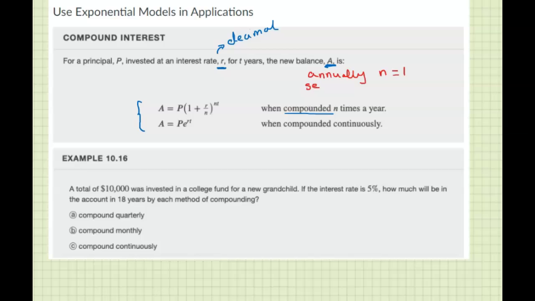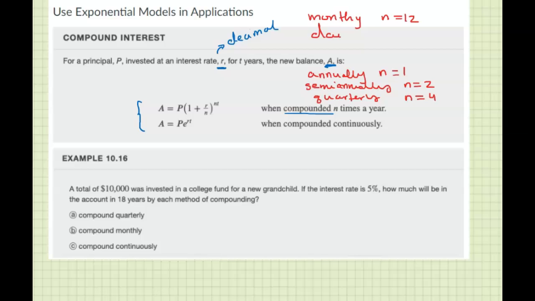You can have semi-annually, twice a year, so N is 2. You could have quarterly, 4 times a year. You can have monthly, at the end of each month, so it's 12 times a year.